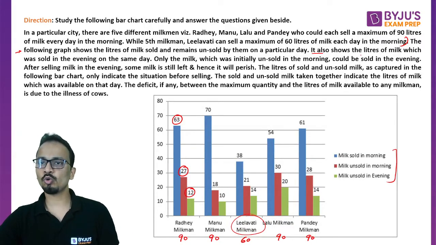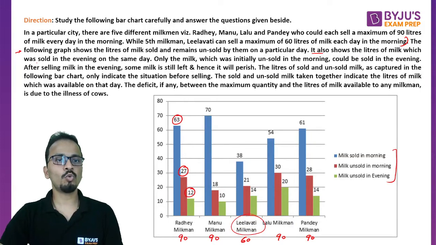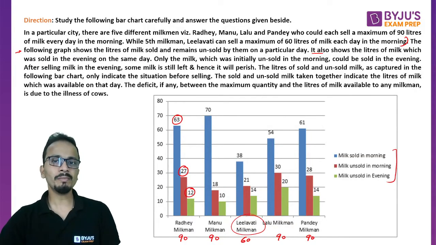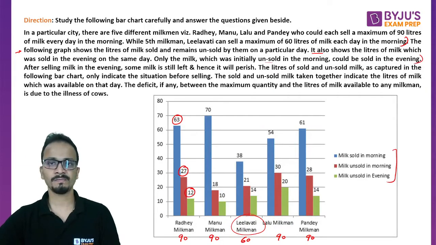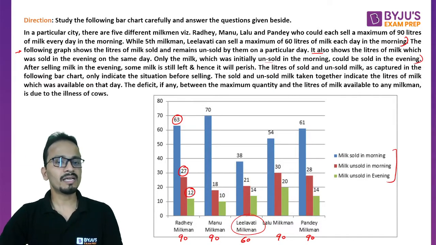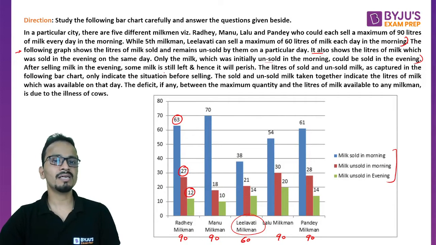It also shows the liters of milk which was sold in the evening on the same day. Only the milk which was initially unsold in the morning could be sold in the evening. After selling the milk in the evening, some milk is left and hence will perish. वो खराब हो जाएगा.